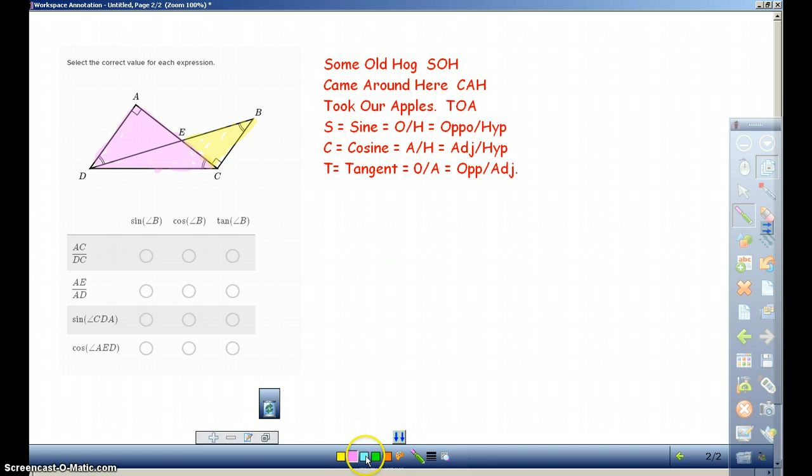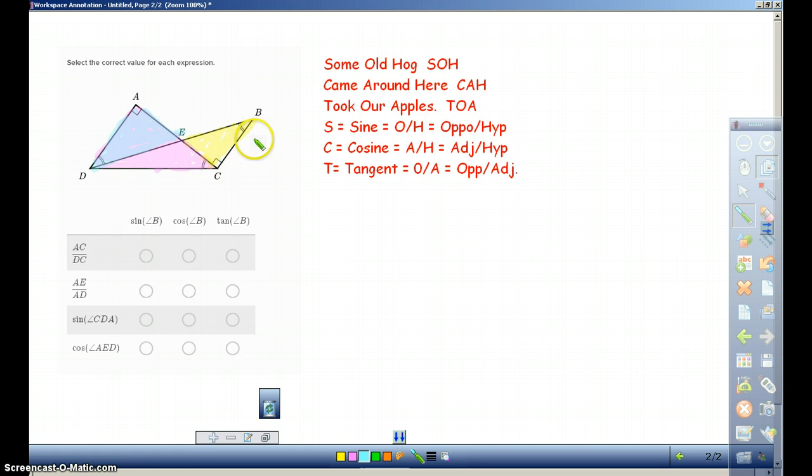And then you have a third triangle, right? And that third triangle, we'll see if we can do this in blue, is this one. And inside of this triangle AED, we're talking about angle D here.